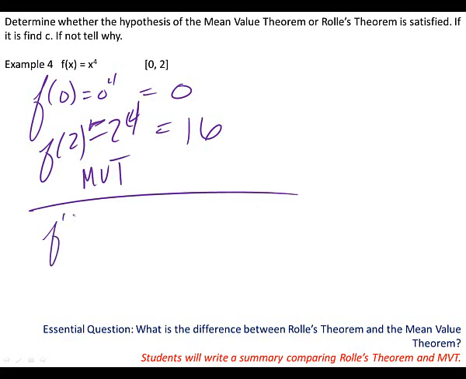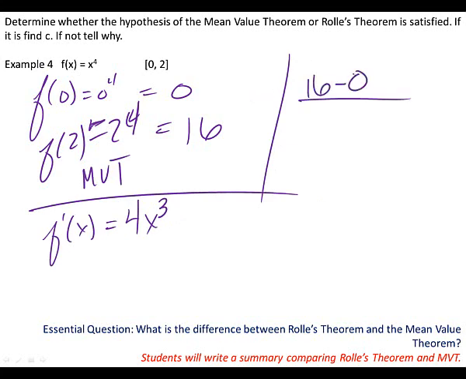So f prime of the function is going to be what? 4x cubed. What do I have to set? Oh, I didn't calculate the slope, did I? All right, so how do I calculate the slope? 16 minus 0 over 2 minus 0, which is 8. Okay, so what do I set this derivative equal to? 8.